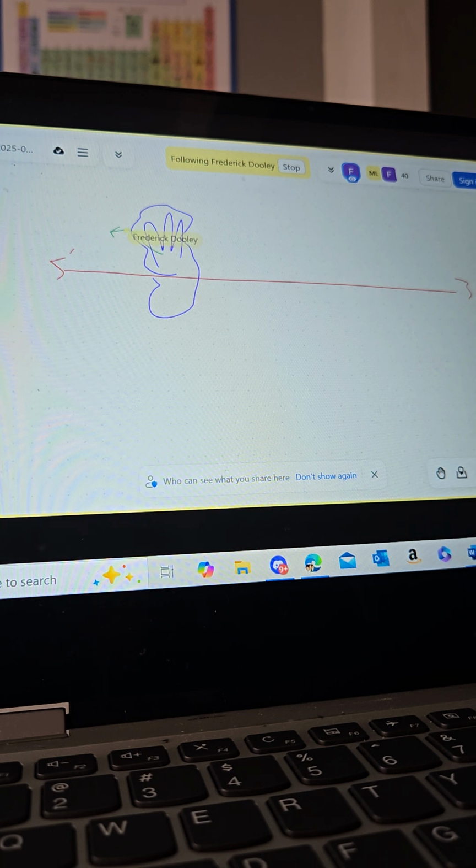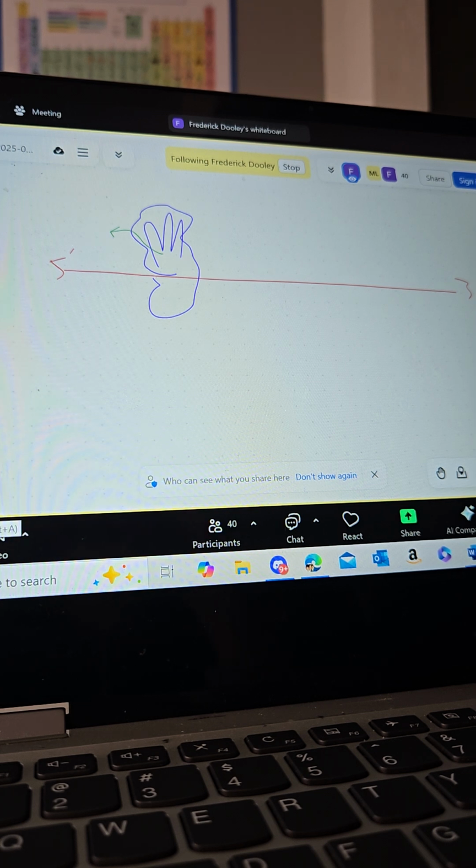What process am I illustrating right now from our previous questions? Translation. This is translation, okay.